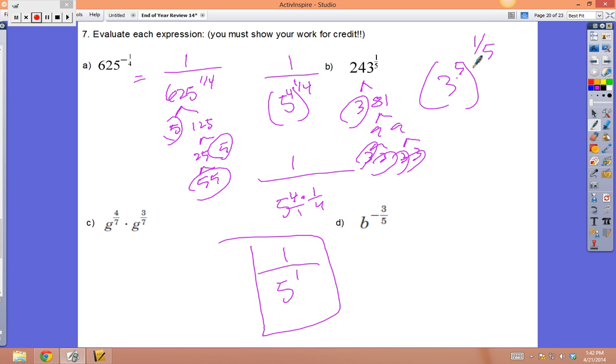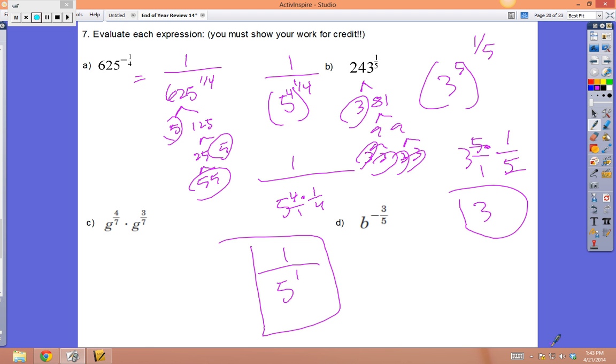And when you raise a power to a power, you times them. So it's going to be 3 to the 5 times 1/5. So 5 times 1/5, your 5s are going to cancel. Your answer is just 3.